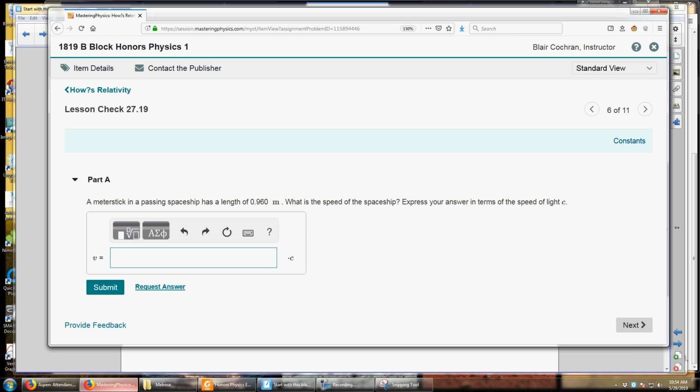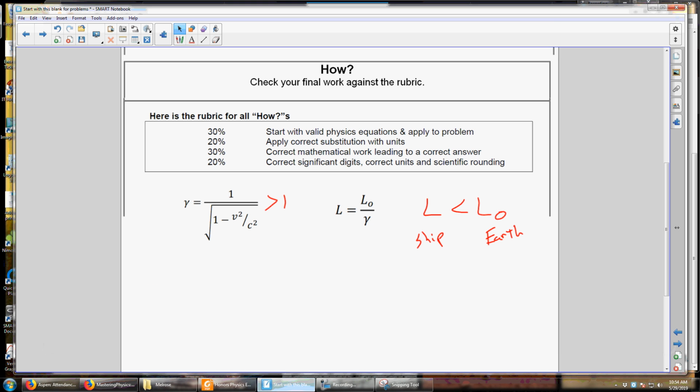Now, how I think about that, notice it says V equals some number times C. So one way to think of that, if I have a number that says V equals something times C, I could do a little algebra. And if I group V over C, I can just get that coefficient. So sometimes when I think of gamma here, I do a little grouping in my mind.